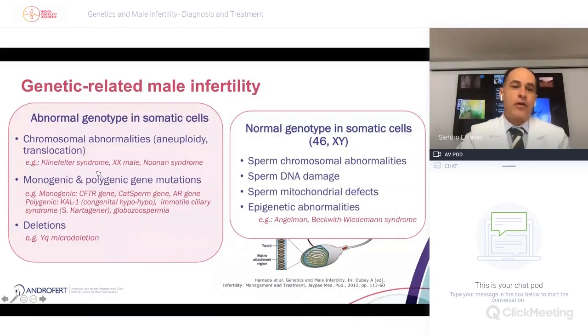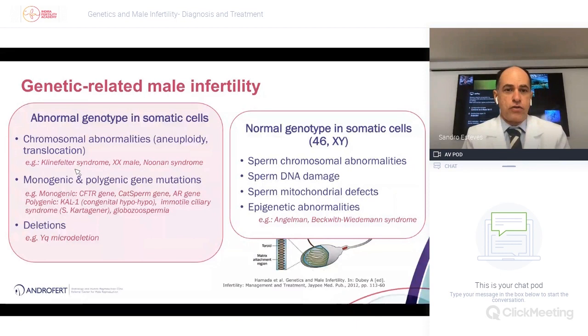For instance, in the left panel, abnormal genotype in somatic cells could be chromosomal abnormalities like aneuploidy and translocations. For instance, Klinefelter syndrome, 47XXY, is a classic example of a chromosomal abnormality that will affect fertility.